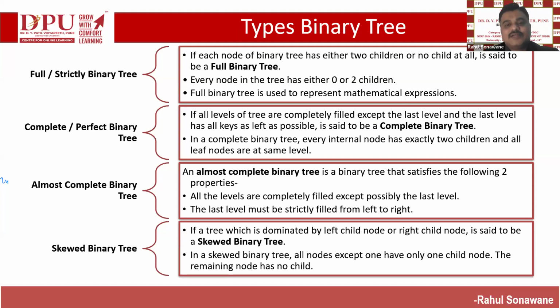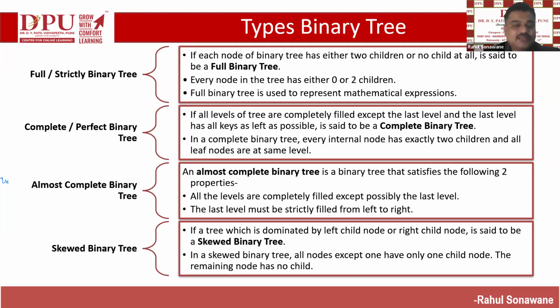This is a hierarchical data structure, so the root is at the top and all the leaves are kept at the bottom. We move from top to bottom. The root is always kept at the 0th level, and we fill those levels one after another with data. If they are filled in such a way that all the levels are full, then such a tree is called a complete binary tree.